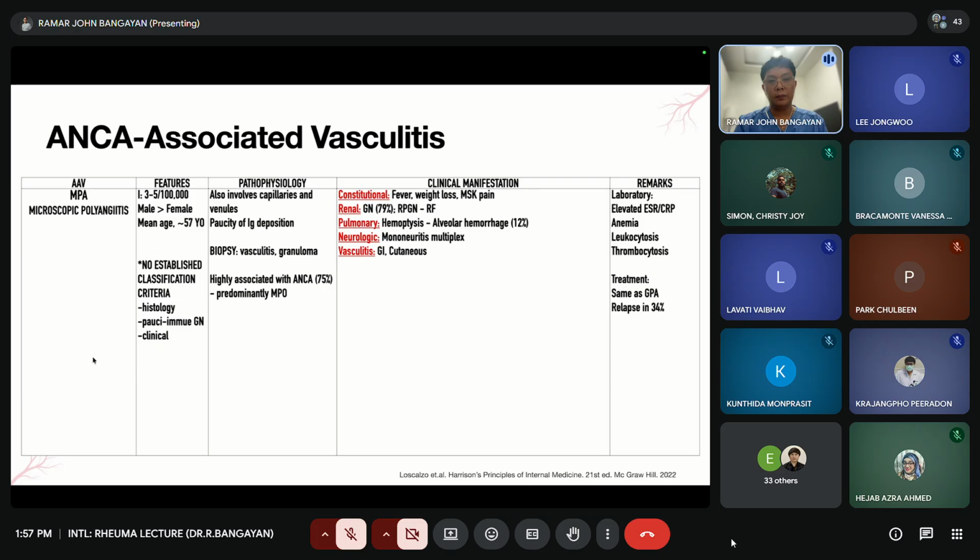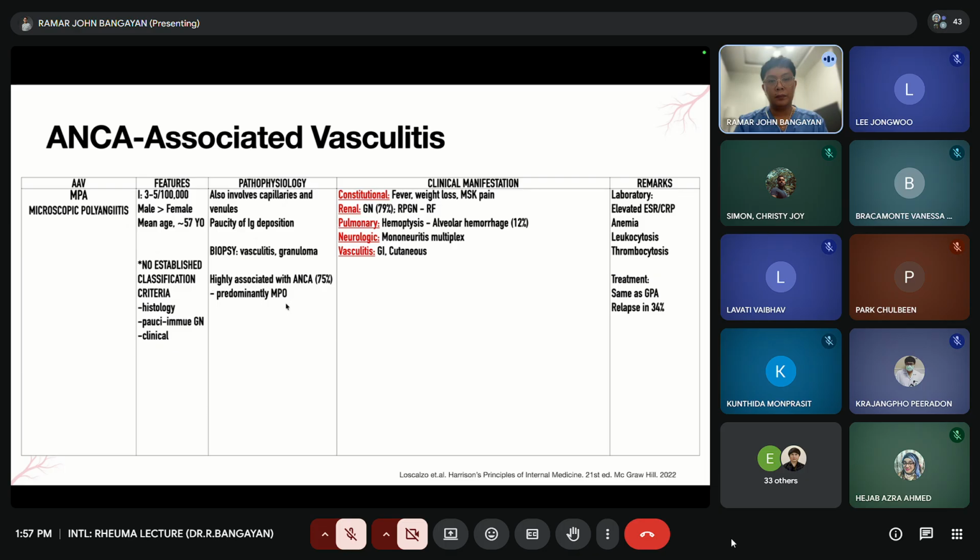So what's the difference of MPA and GPA? So for MPA, it also involves your capillaries and venules. All right? There is an IG deposition or immunoglobulin deposition to a lower extent. So if you do biopsies, just the same as your GPA, which shows vasculitis and granuloma formation. But it is highly associated with MPO.